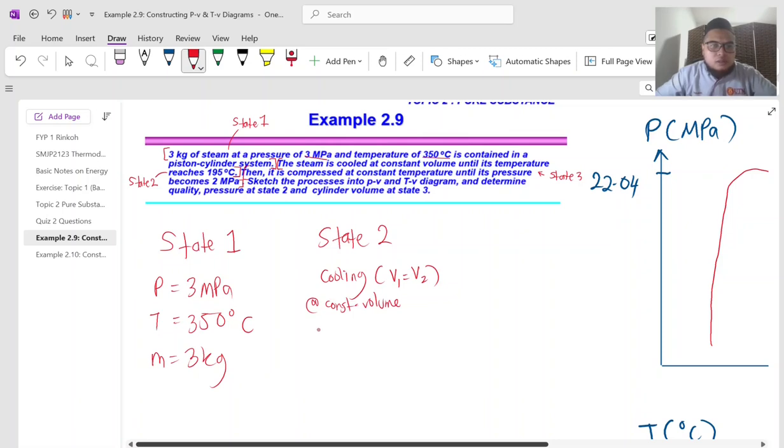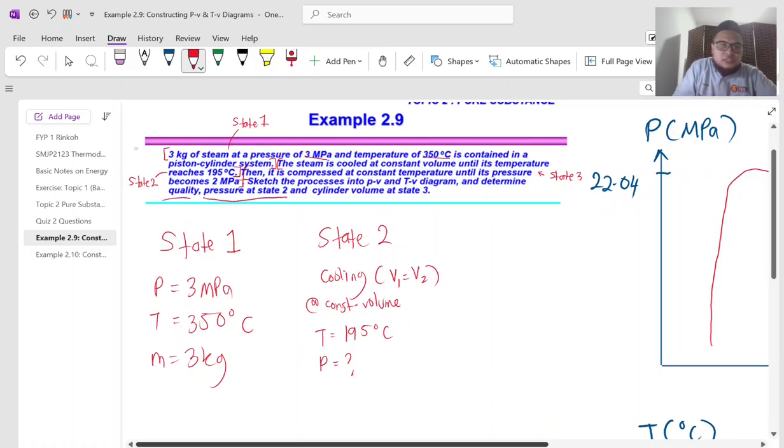Here, the temperature is 195. Do we know the pressure? We do not know. The question further asks for the quality and the pressure at state 2, so there is another variable we do not know, which is the quality, x. Now, state 3: the fluid is further compressed at constant temperature until the pressure becomes 2 megapascals.